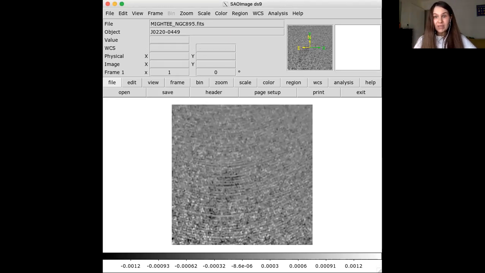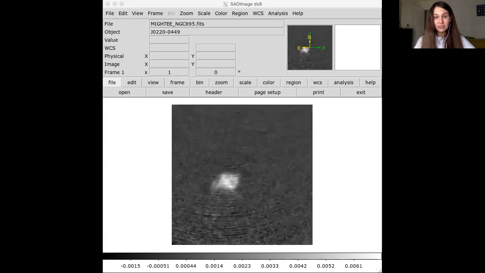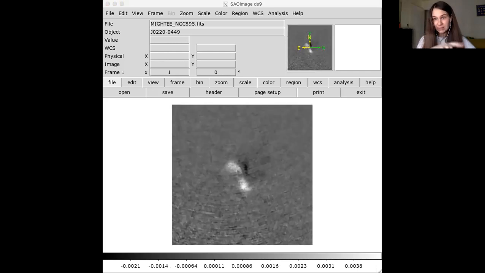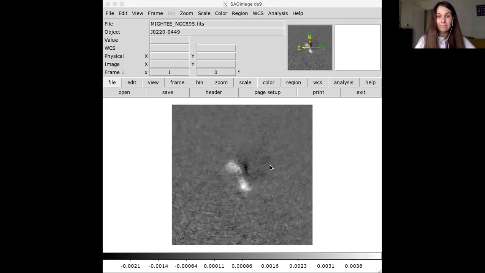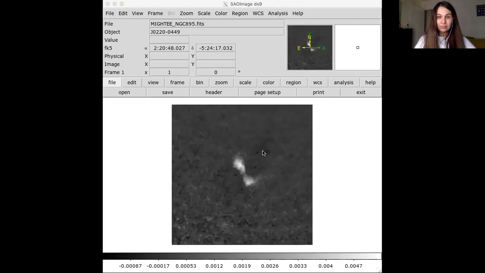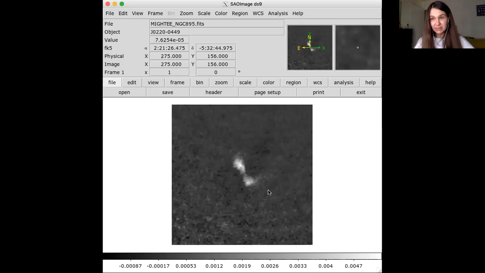However, in radio astronomy, in H1, we assume that noise is Gaussian. So you have a Gaussian distribution peak of the noise, and therefore we calculate RMS as the standard deviation of this Gaussian. I want to understand the properties of my emission and how strong my signal is, because here we definitely see that we have a signal.